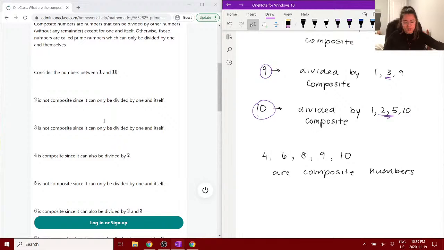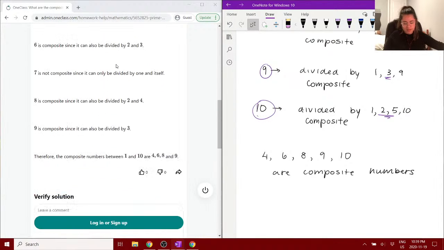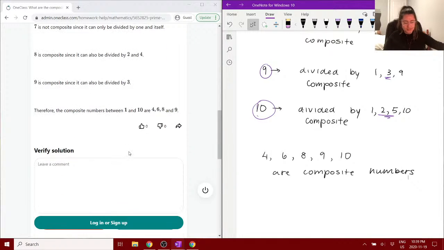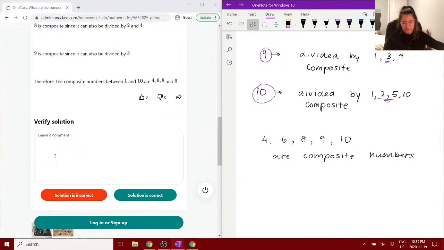We are looking at numbers between 1 and 10. We found 4, 6, 8, 9. I guess they didn't include 10 because it was not within the range technically, but we have the correct solution.